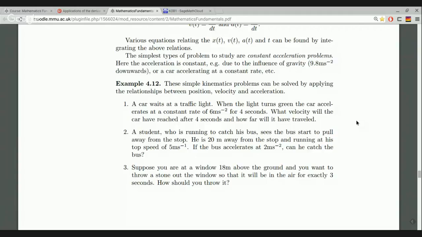Because the first time that there'll be solutions to this equation is the first time that this discriminant becomes non-negative.